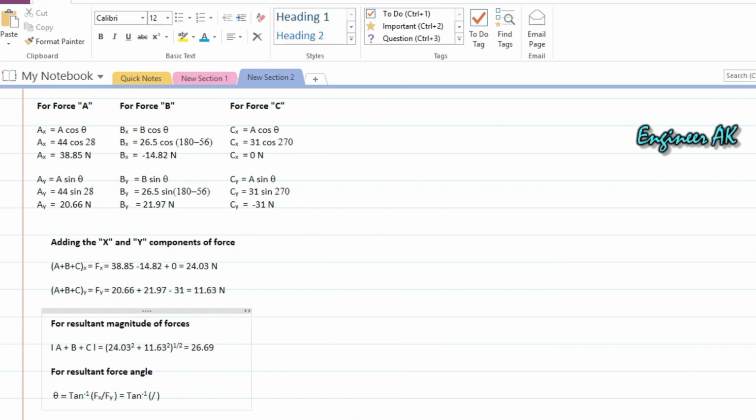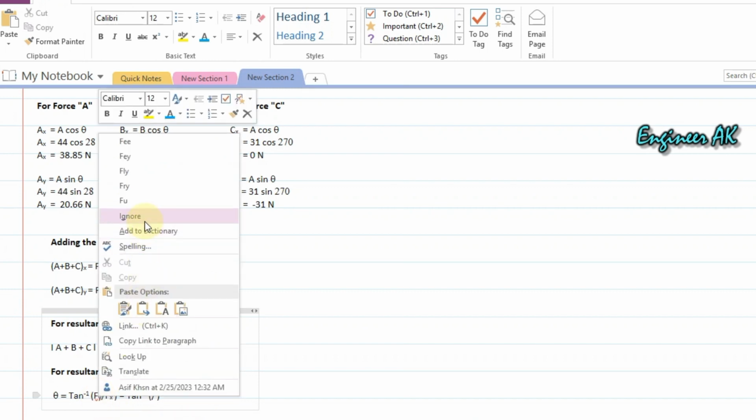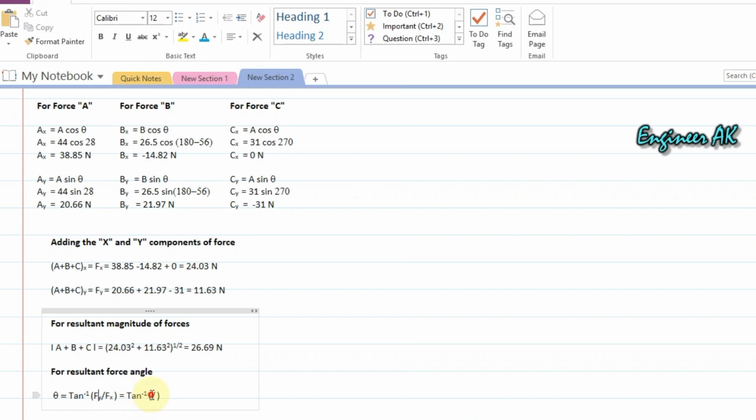And for finding the angle, we know that theta is equal to tan inverse of F of y over F of x. So if I plug in the values, F of y is equal to 11.63, and the x component is 24.03, right?